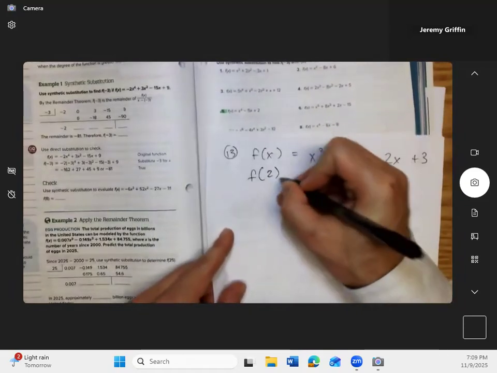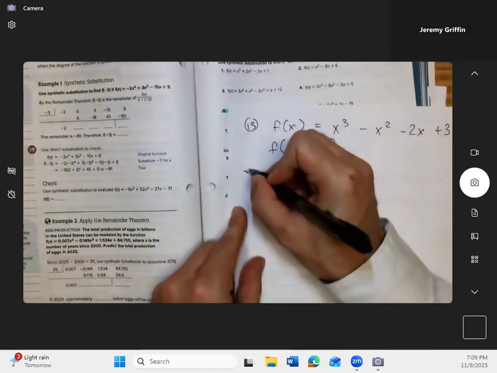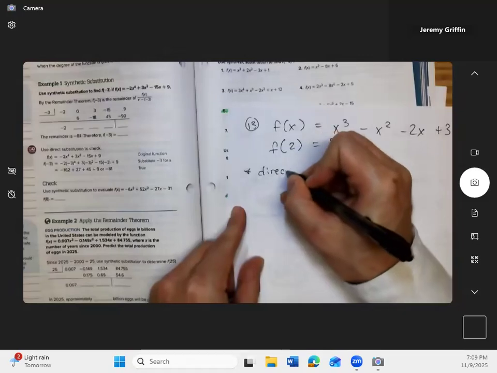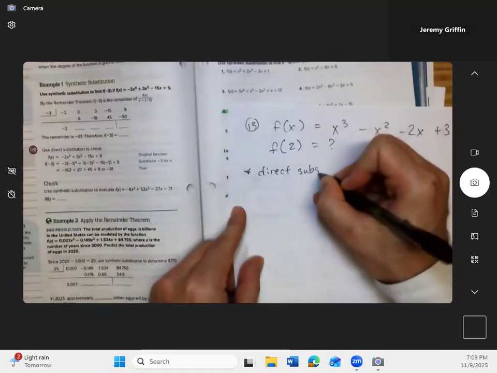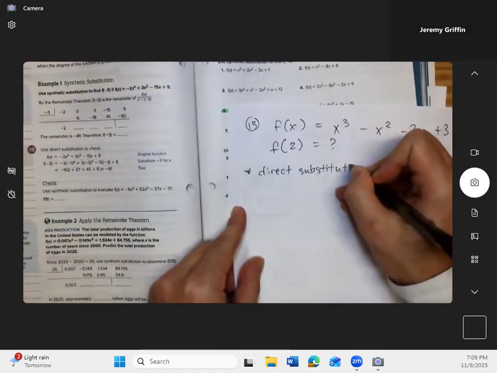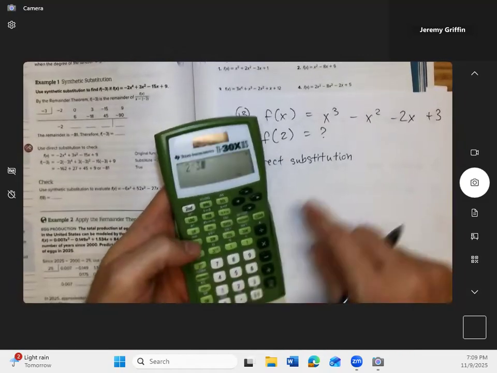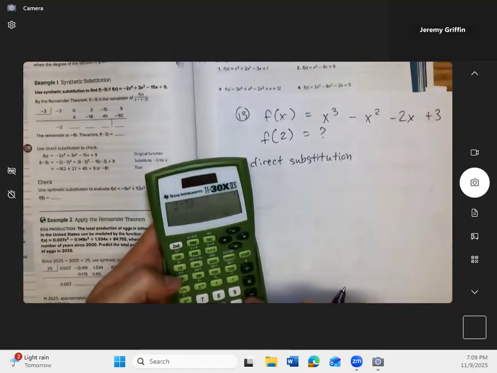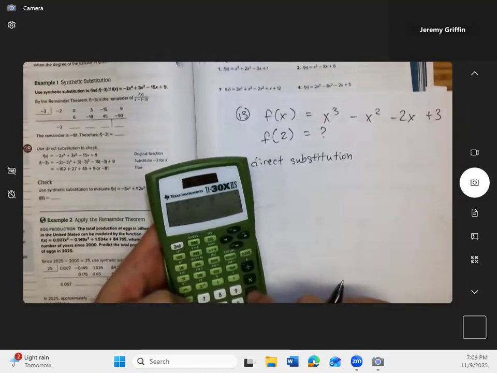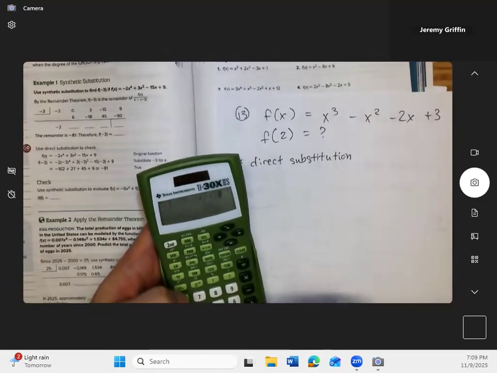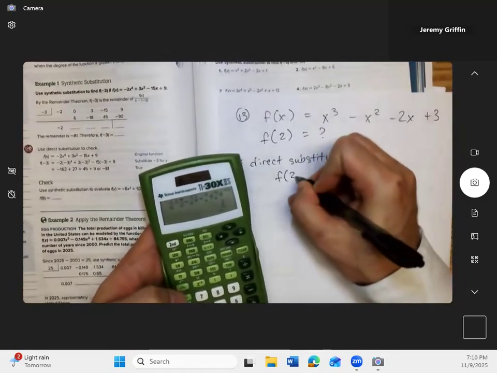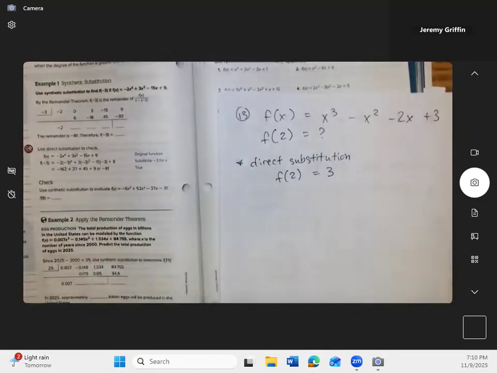With direct substitution, that'd be 2 to the power of 3, minus 2 squared, minus 2 times 2, plus 3. I'm getting f of 2 is 3.